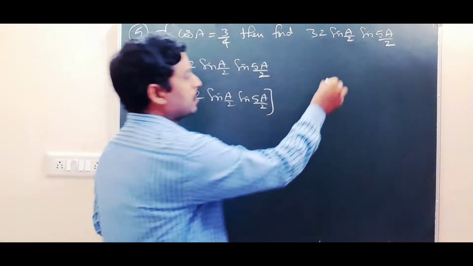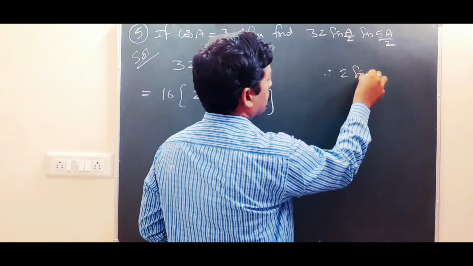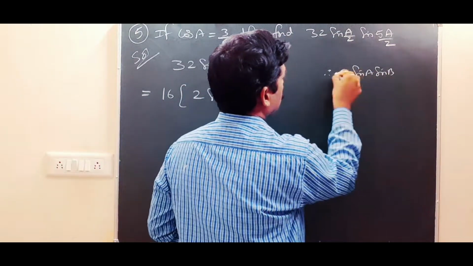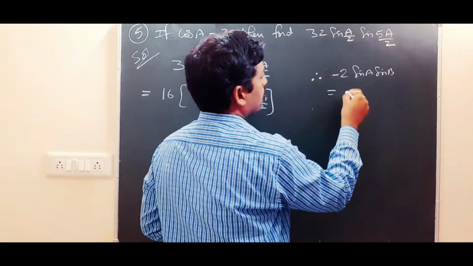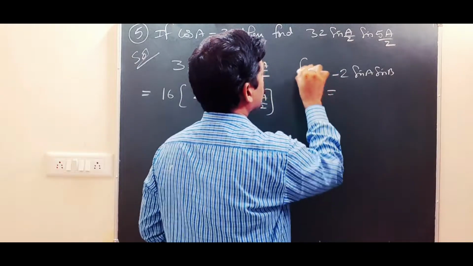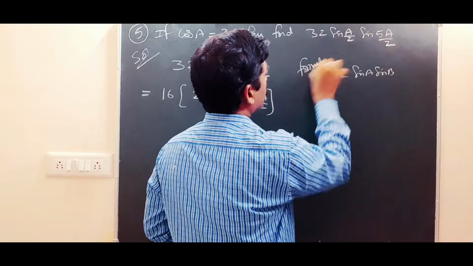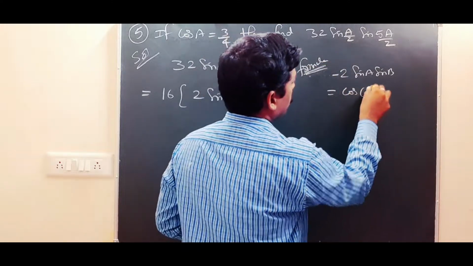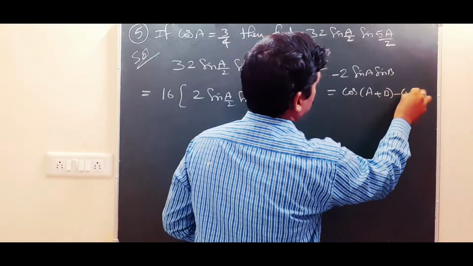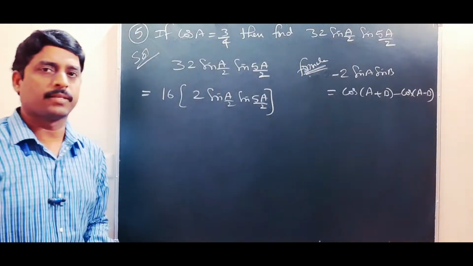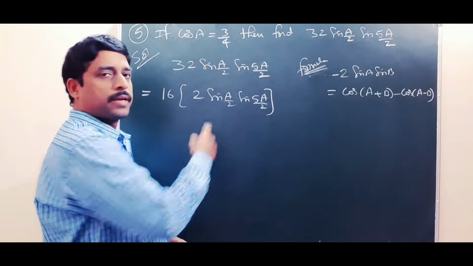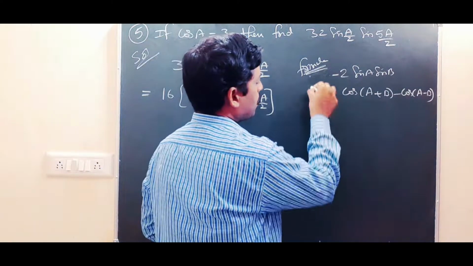We have one formula, 2 sin A sin B. Minus 2 sin A sin B is cos A plus B minus cos A minus B.